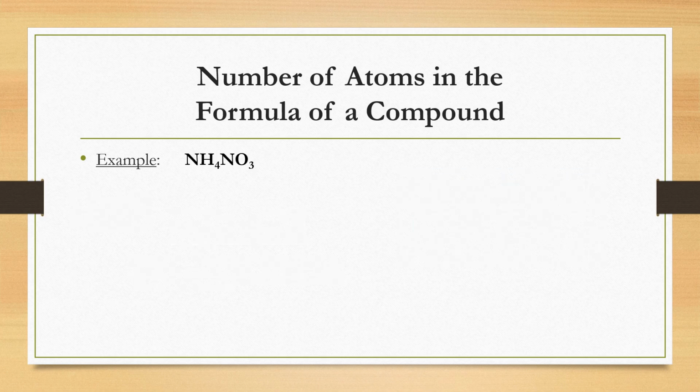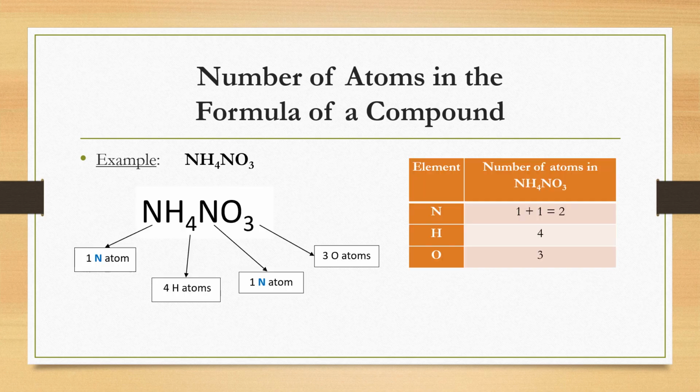Let's consider a third example, NH4NO3, ammonium nitrate, which is made up of 2 radicals, the ammonium radical and the nitrate radical. As you can see, there is 1 nitrogen atom in NH4 and 1 nitrogen atom in NO3.